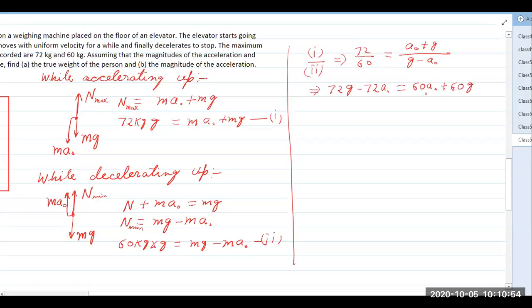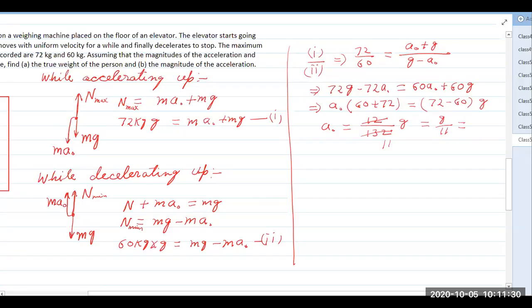So a0 will be equal to, if you solve it, 72 minus 60 over 60 plus 72, times g. So a0 is 12 by 132 into g, which is g by 11.